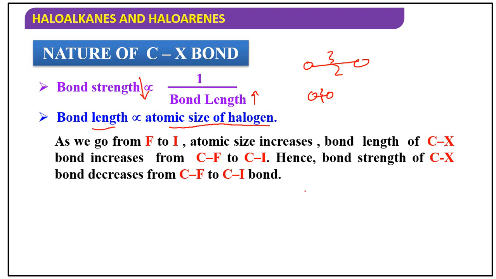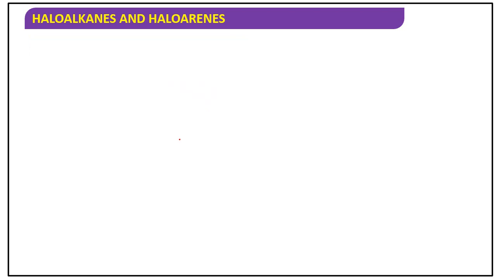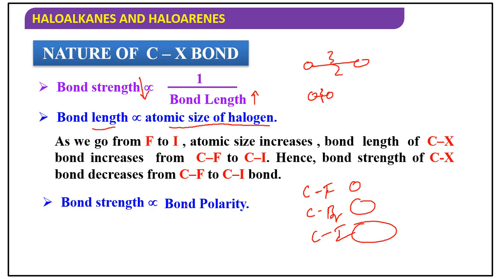So we know that in carbon fluorine, carbon chlorine, carbon bromine, carbon iodine, the atomic sizes are increasing. When atomic size is increasing, bond length is increasing. When bond length is increasing, bond strength will be less. When bond strength is less, reactivity will be more.